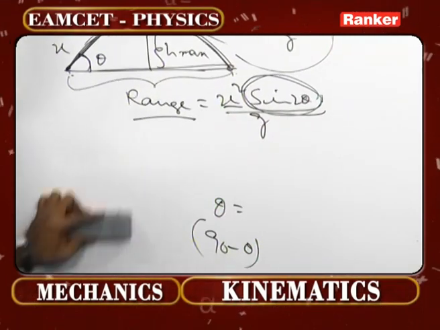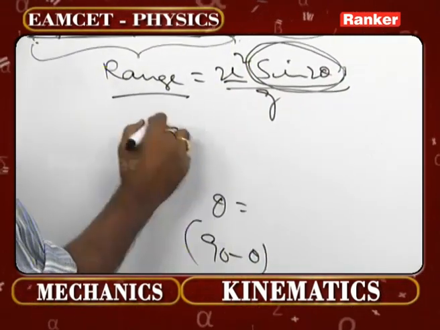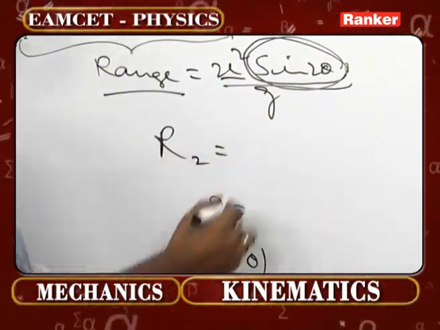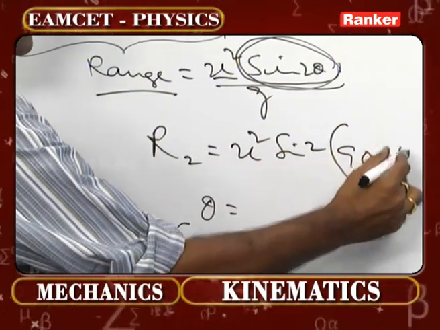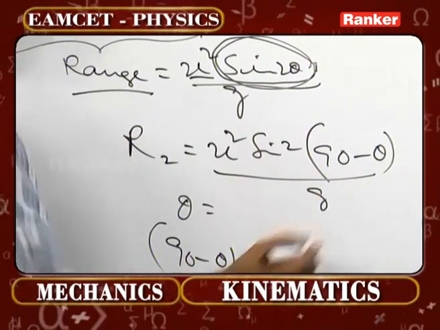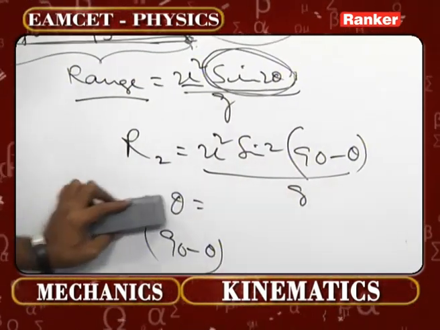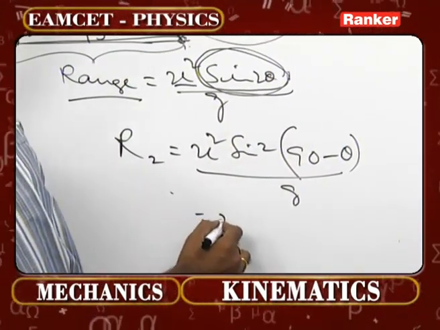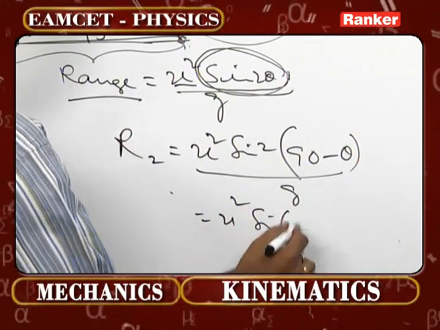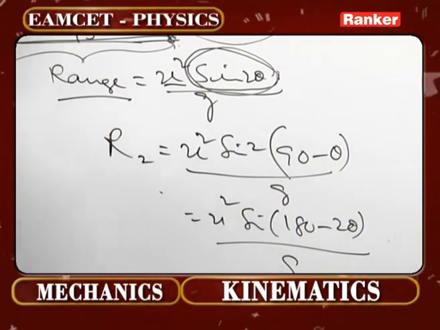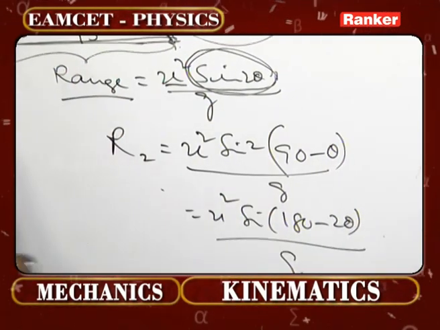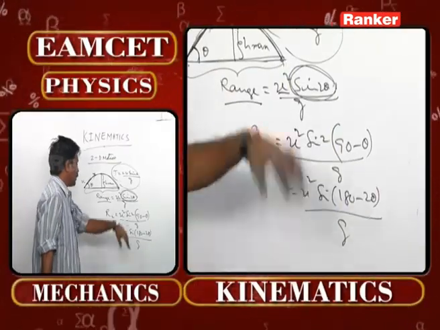range in the second case is equal to u square sin 2 into (90 minus theta) by g, which is equal to u square sin (180 minus 2 theta) by g. We know that sine of 180 minus any angle is equal to sine of that angle.